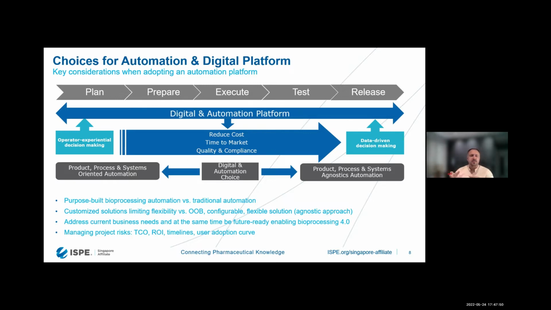The customized solutions, which are very widely available, limit a lot of flexibility versus some of the out-of-the-box configurable, flexible solutions, and if I may say, an agnostic solution. And this is again a direction that the Bioforums group, the BPOC group, are preaching, and they are coming up with suggestions to have much more open platforms so that the systems can talk to each other and can also get connected easily, more like a plug and play approach.